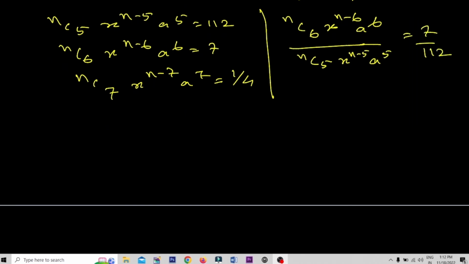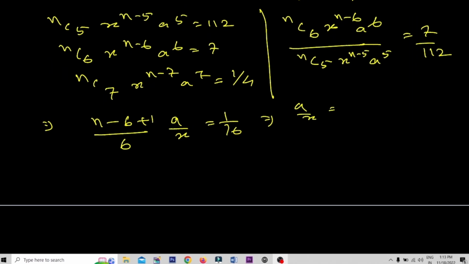From this we are getting ((n minus 6 plus 1) divided by 6) into a by x equal to 1 by 16. Therefore, a by x equal to, we are getting what? 3 by (8n minus 40).